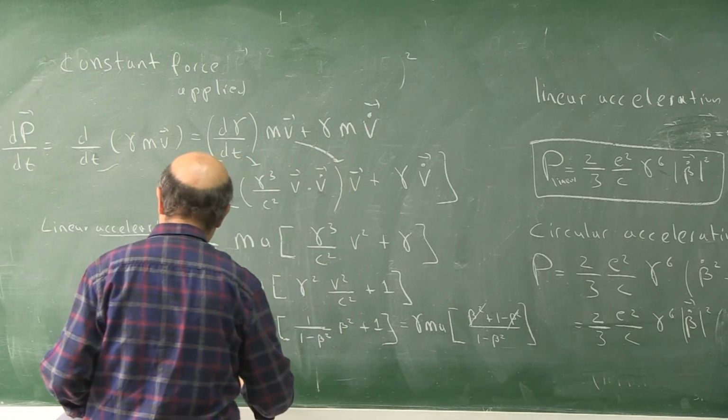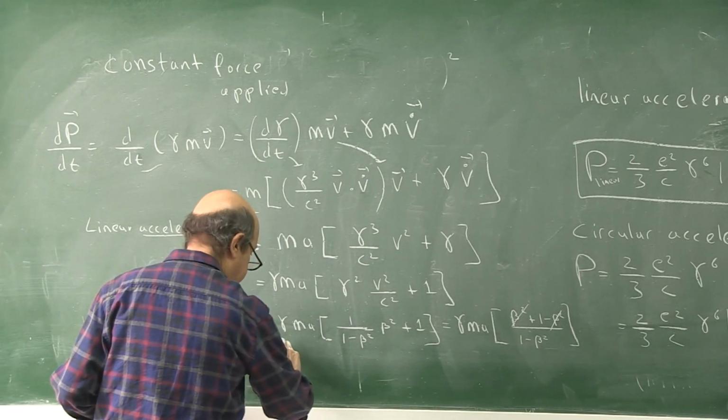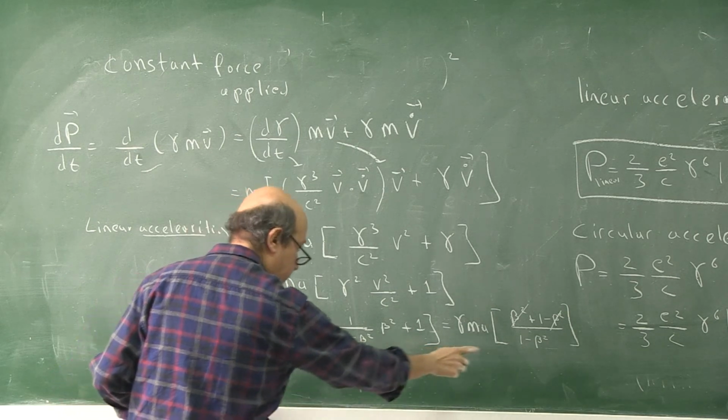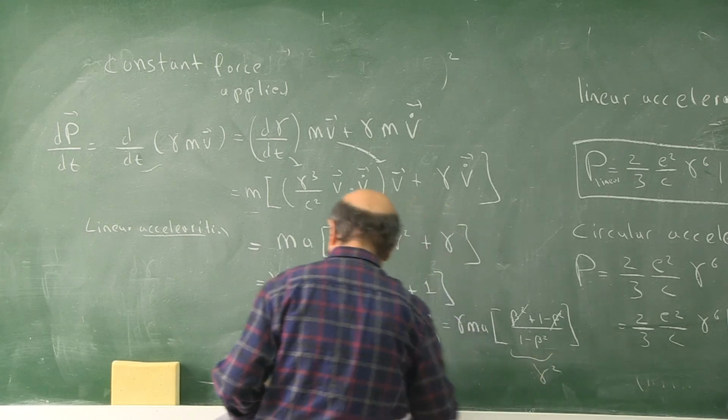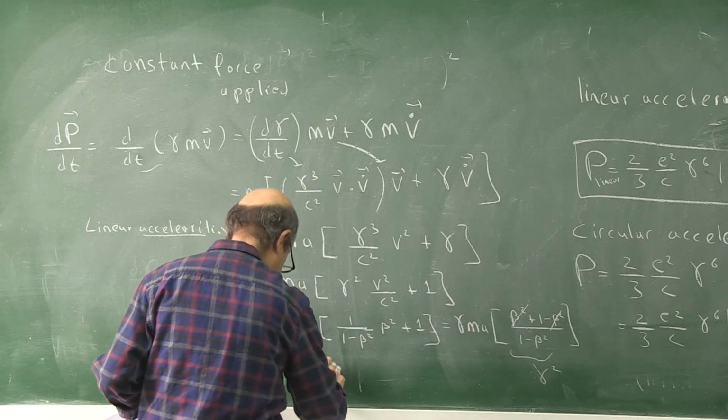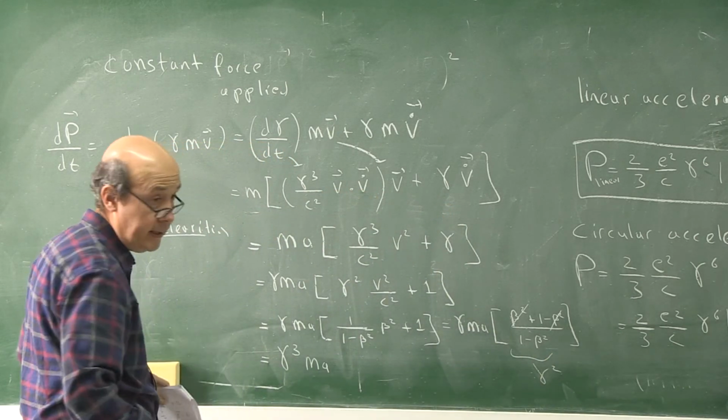So basically this will be gamma cubed, because this is gamma squared. Gamma cubed times mass times acceleration for the linear acceleration.